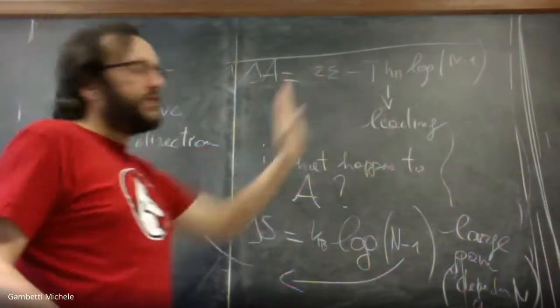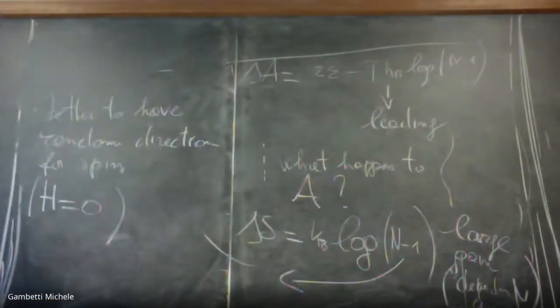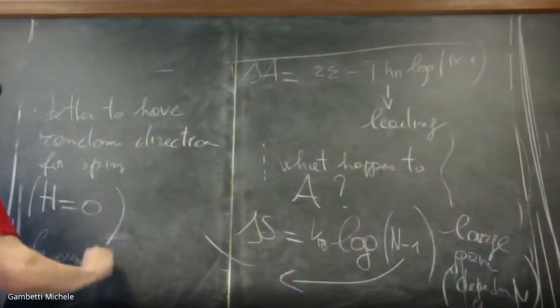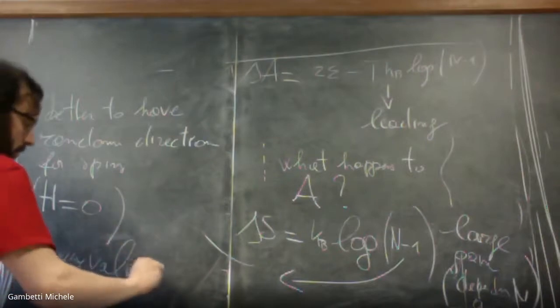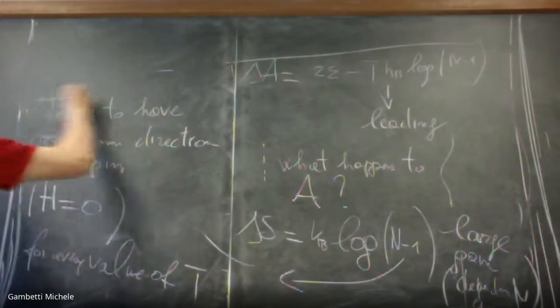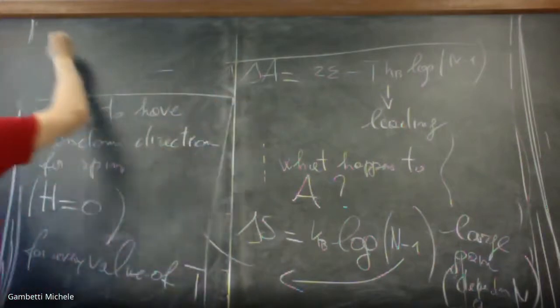Here I'm not touching the temperature. Okay? So it's better to have random directions for spins at h equals 0 for every value of T.